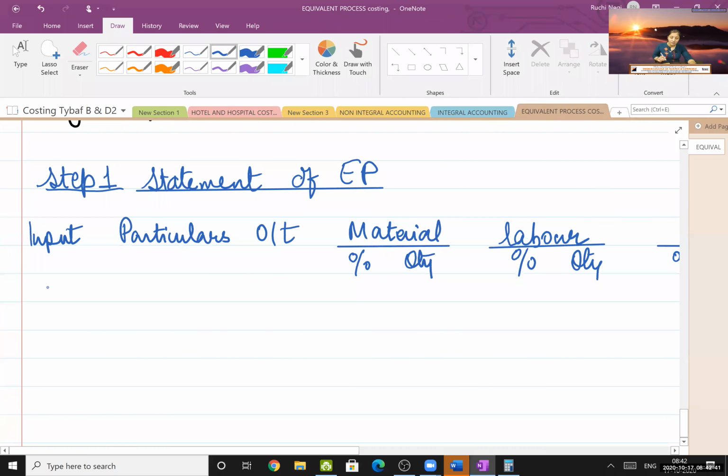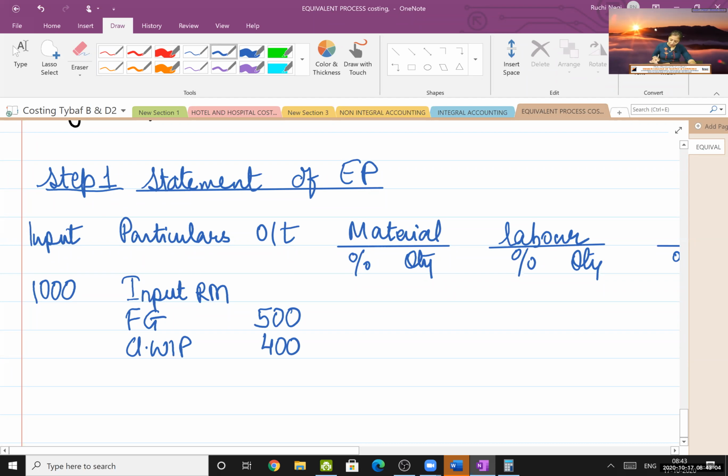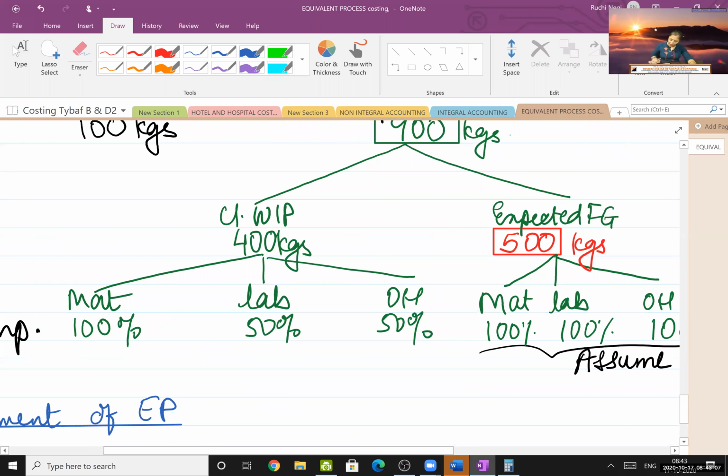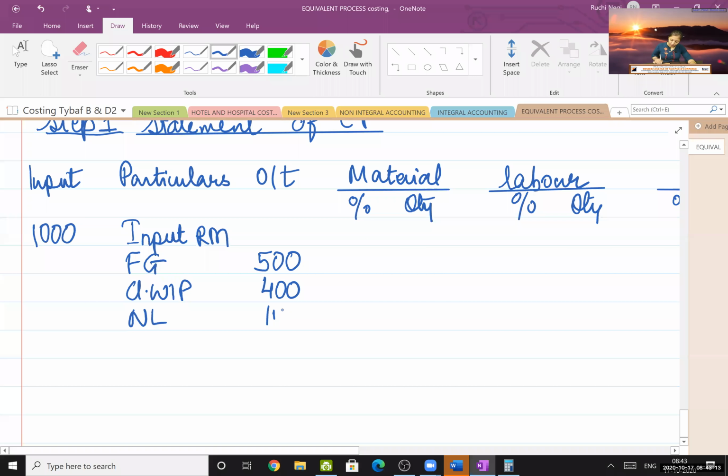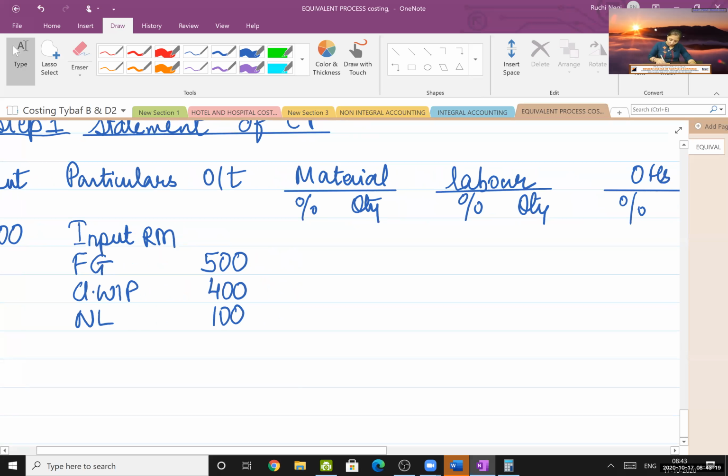Start with input. How much did you put in? We have assumed 1000, obviously. This is my input, raw material. So finished goods is 500. Then closing WIP is 400. See, here we have written 500, 400, and normal loss is 100. What had we assumed for finished goods, the expected output?